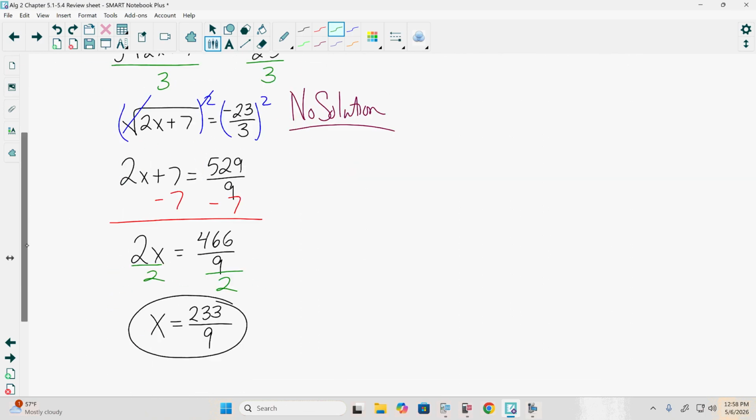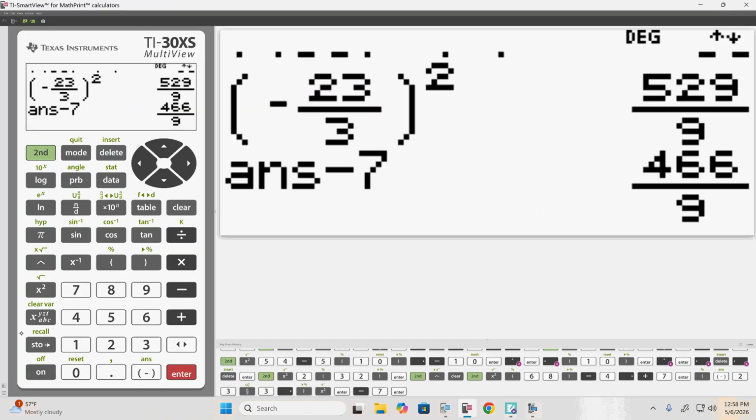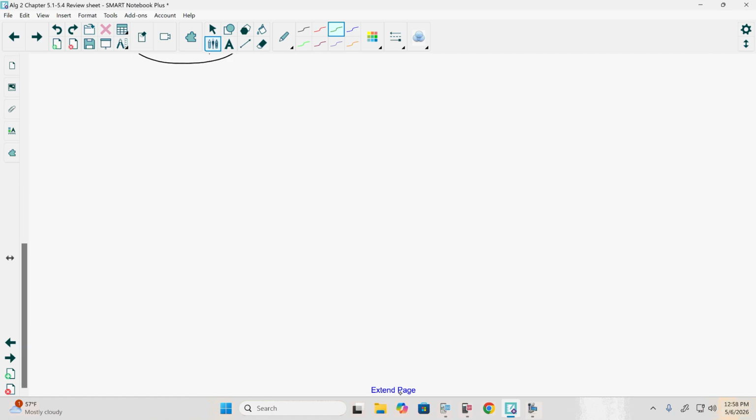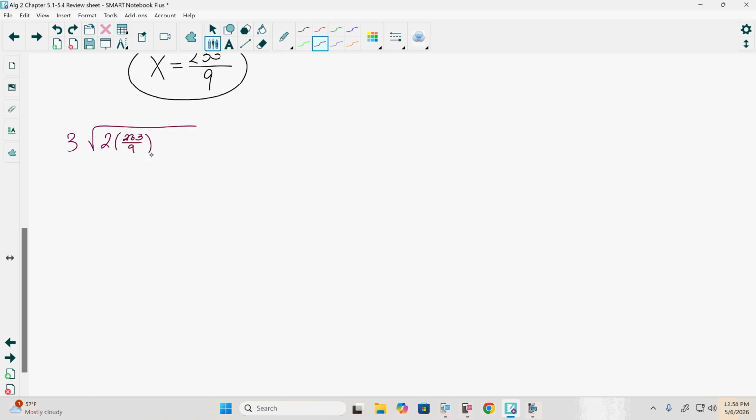And then all we need to do is plug it back in and check it. To do that, we'd have 3 times the square root of 2 times 233 over 9 plus 7, plus 27 is equal to 4.